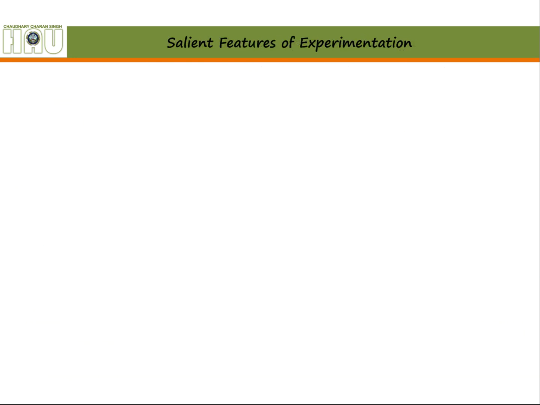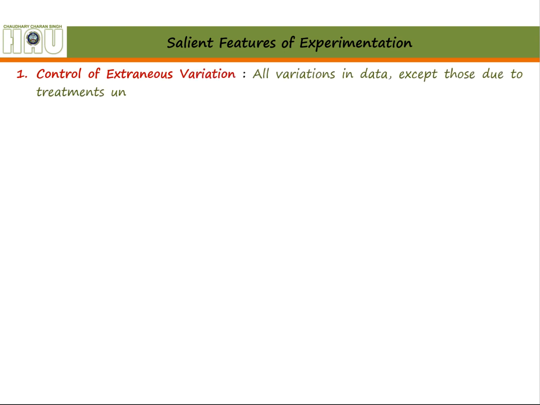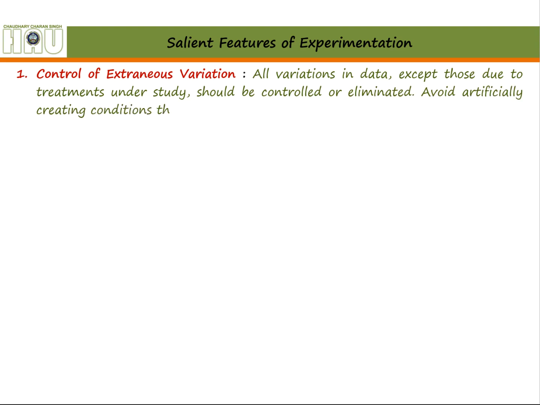So, there are certain features of experimentation. Let us start with these, the salient features of experimentation. Number one is control of extraneous variation. I already explained that there are two types of variation in the data. One variation is due to the treatment you are applying, and the other is the variation which is beyond our control.